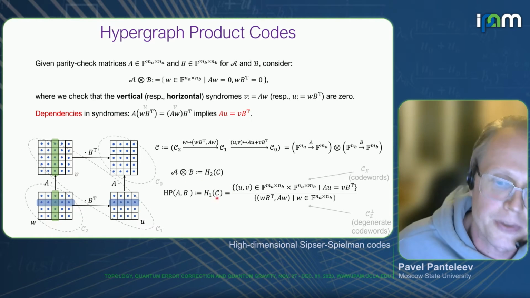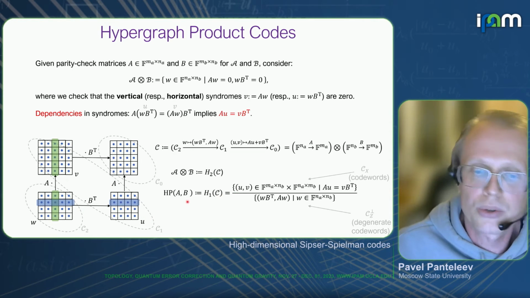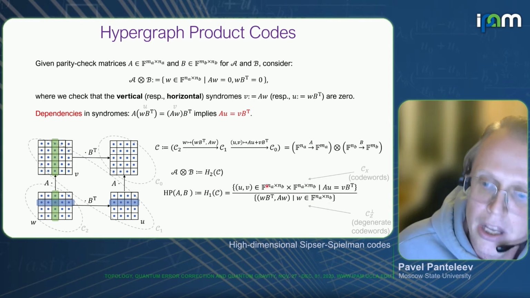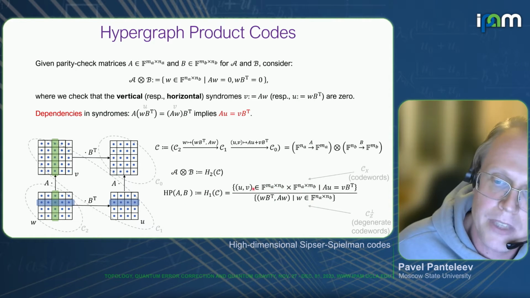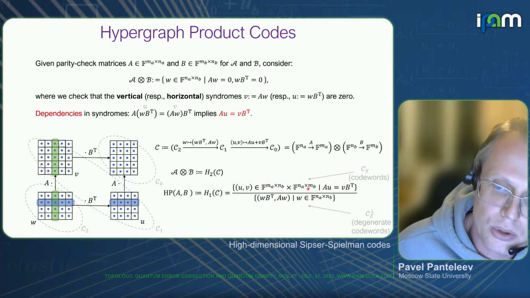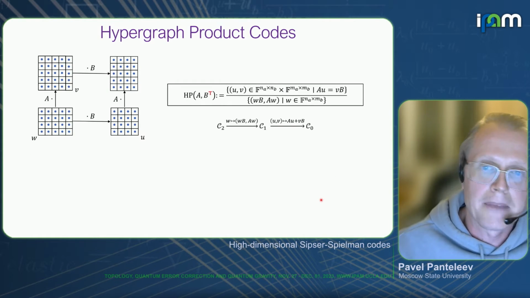And if we consider the first homology of this chain complex, then we obtain exactly what is called the hypergraph product code. And here in this part, we have X codewords, and here we have some degenerate X codewords.